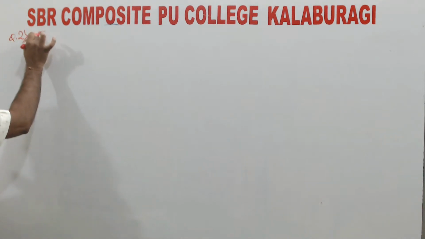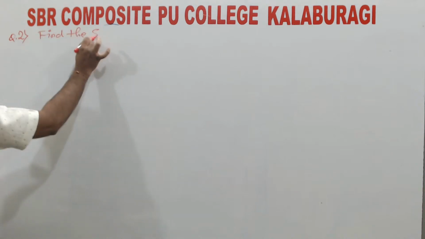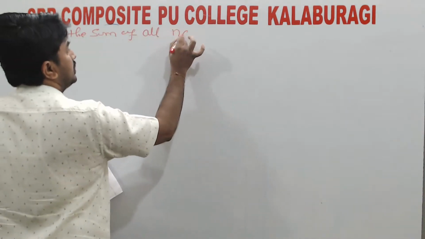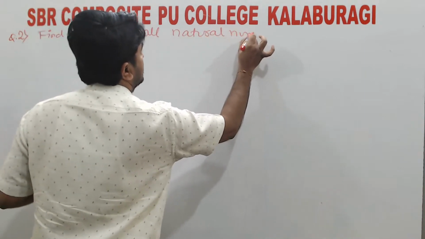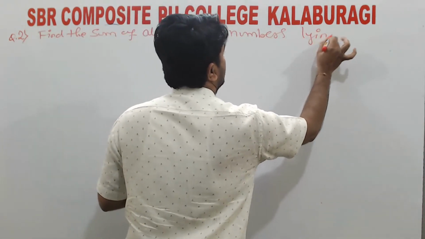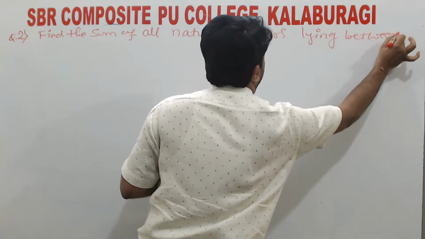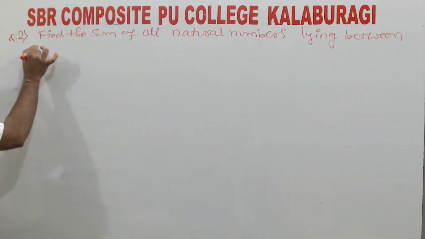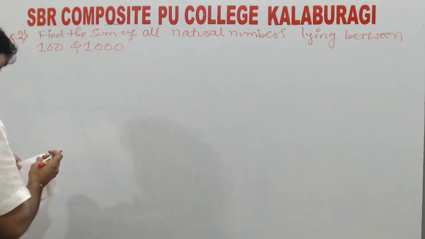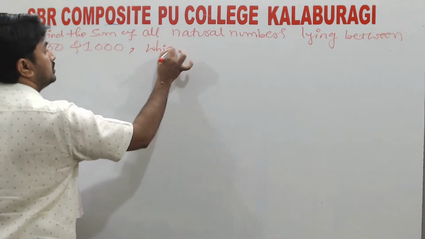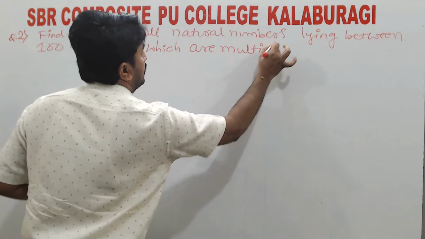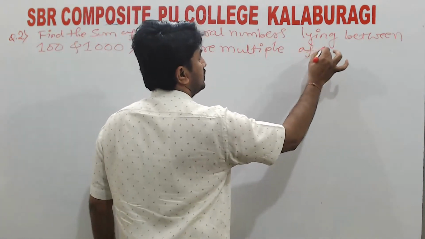Find the sum of all natural numbers lying between 100 and 1000, which are multiple of 5.